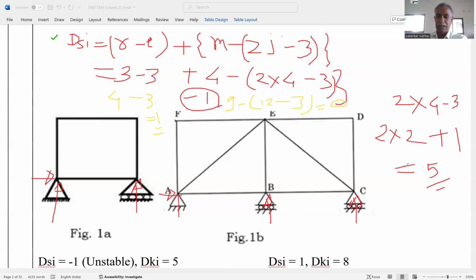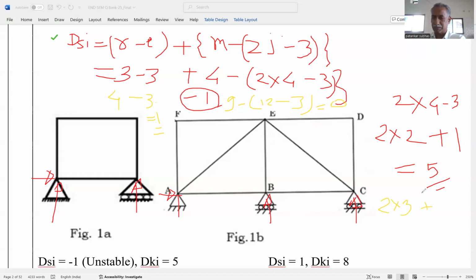Right? Regarding the kinematic redundancy, here at 3 joints, 1, 2, 3, translation, rotation is not allowed. So 2 multiplied by 3 plus at joint A 0 because the translation along X and Y is restricted. But translation at B along X direction is possible.